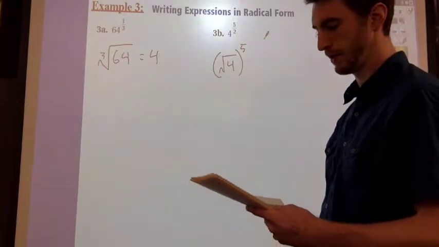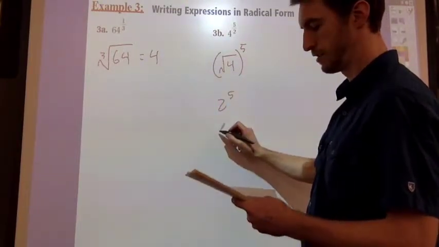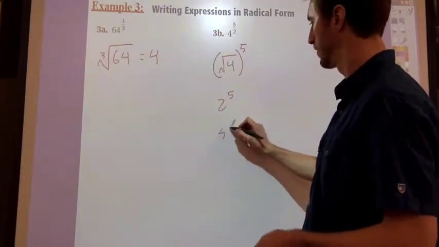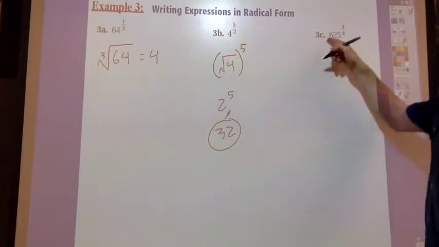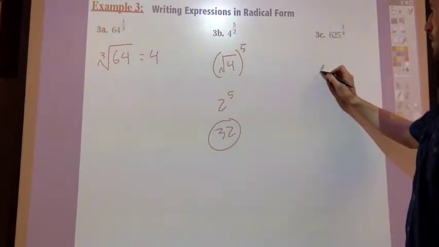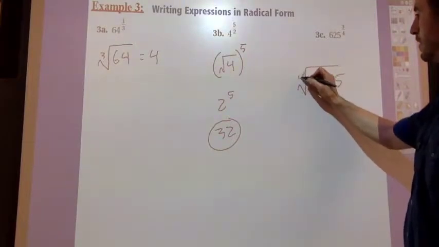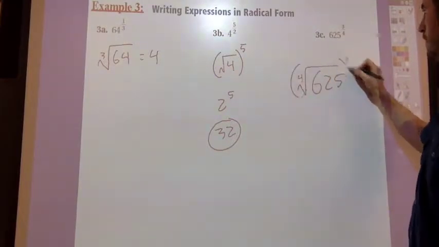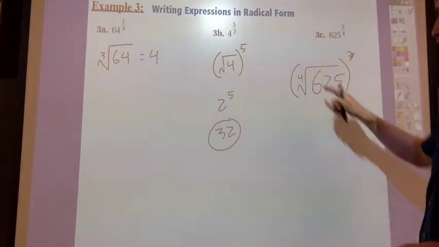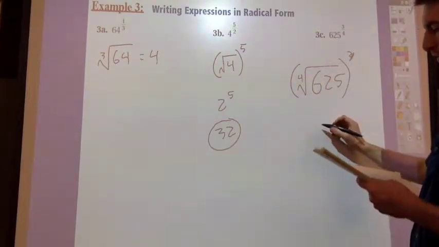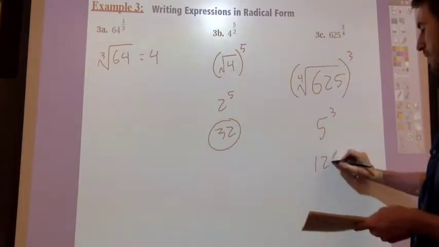And if you were to evaluate that, you would get 2 to the 5th, and 2 to the 5th is 32. And then this one, you could write it as the fourth root of 625 and all of that cubed. Fourth root of 625 is 5. 5 cubed is 125.